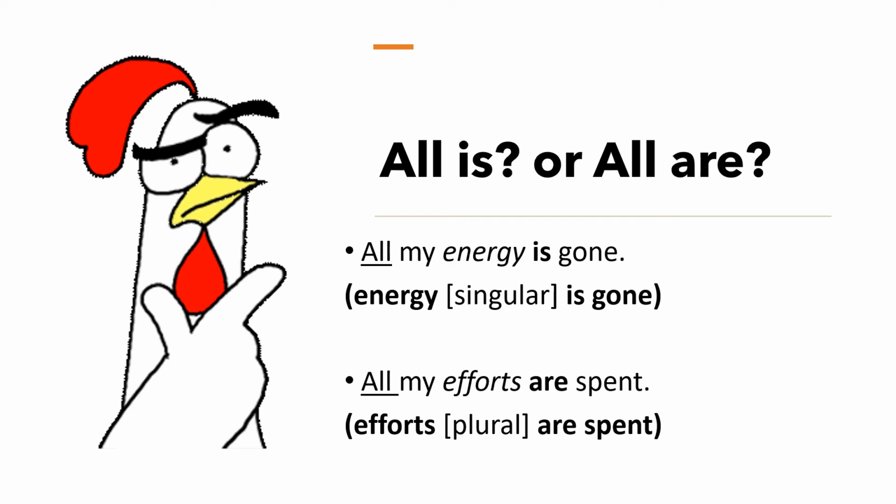All right, let's look at the next one. All my efforts are spent. Okay, kind of the same concept, but it's different vocabulary. Energy and efforts, we might think of them as very similar things, but here efforts is a plural word. So even though we're using the word all and we're talking about a similar concept, the vocabulary is different.